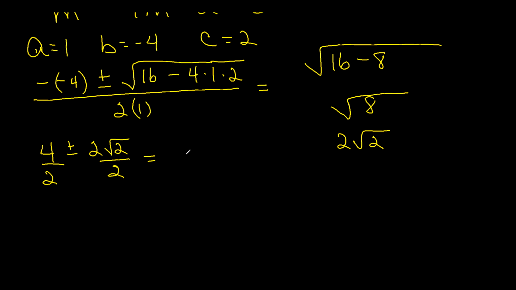So 4 divided by 2 is 2, and that's plus or minus. The 2's cancel out here because they're factors now, right? And I'm left with square root of 2. And ladies and gentlemen, that looks like my solution of 2 plus or minus the square root of 2.